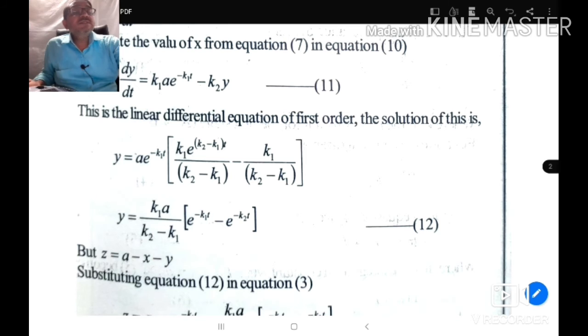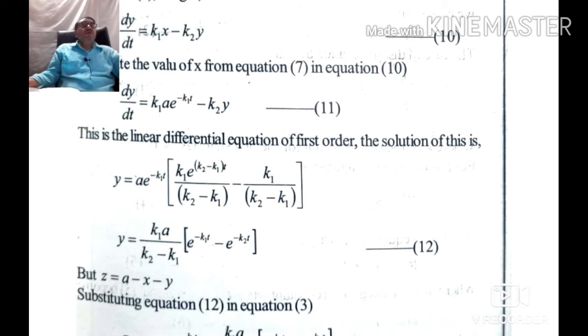The solution of this is y is equal to a into e to the power minus k1t, in brackets k1 e to the power k2 minus k1 into t, divided by k2 minus k1.